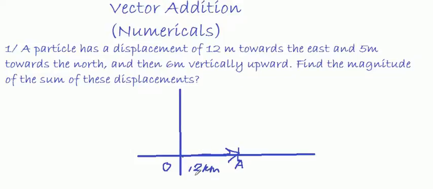A particle is at point O. It moves 12 meters due east, and so this is meters, not kilometers. Then 5 meters due north.